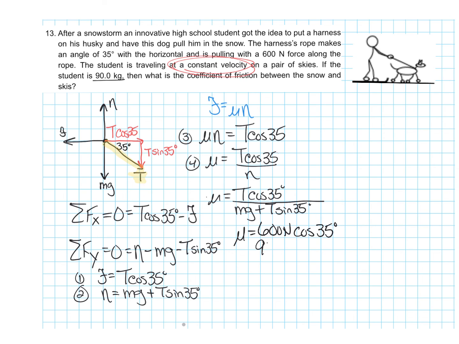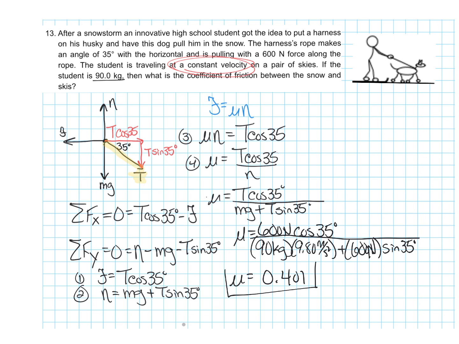So that's going to be 90 kilograms times 9.8 meters per second squared on the Earth, plus my tension, 600 newtons, times sine 35. And it's a fraction. When I do all this, mu comes out to be 0.401 for the coefficient of friction.